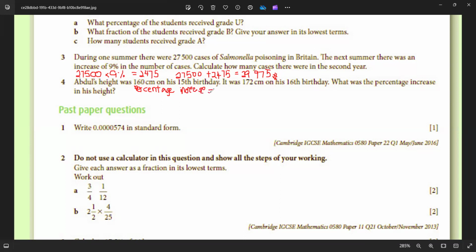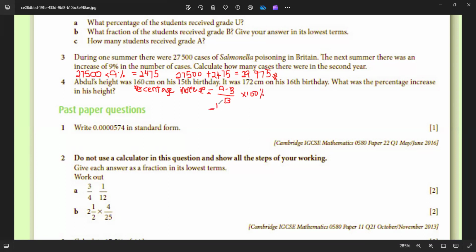And then using the formula, (A minus B) divided by B times 100%, where A is after, B is before.